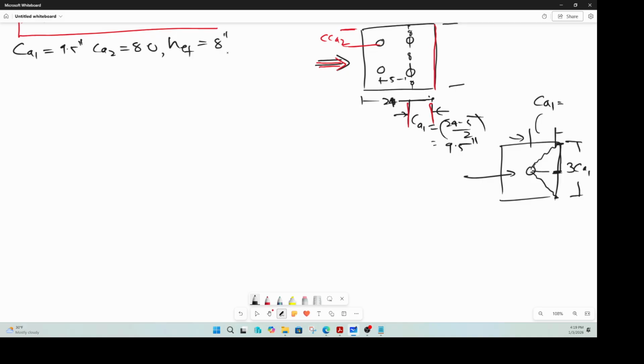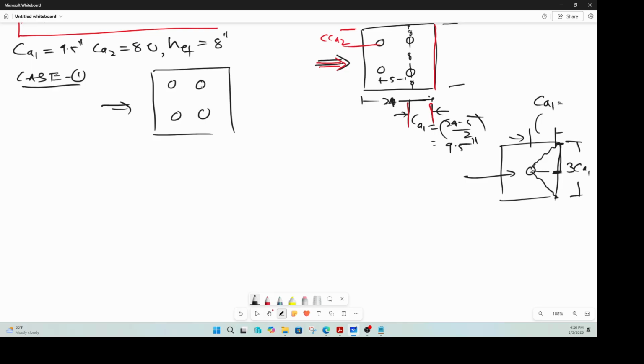Okay. So when you apply shear like that, we need to consider two load cases. Okay. So case one is you have your pedestal like that, and you're applying shear, right? You're applying shear like this.